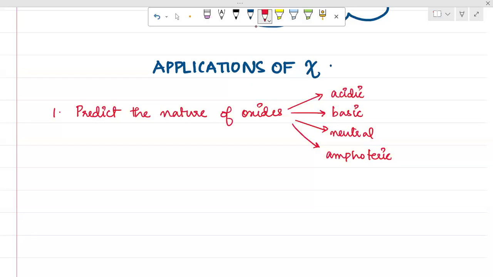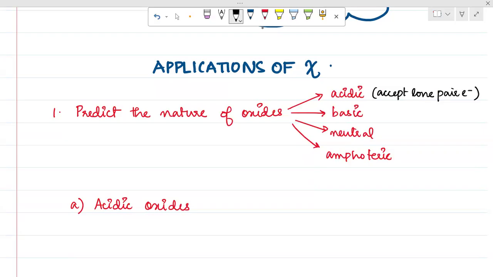So first one, let's start with acidic oxides. We know any acid, there are different definitions of course, but over here the concept that we will be taking is that acids accept lone pair of electrons.